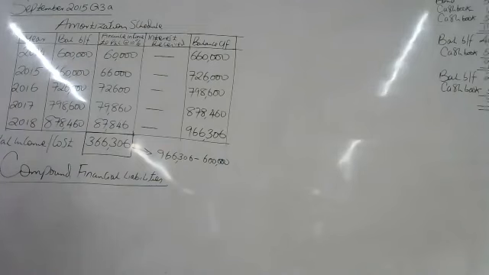Then you see, IAS 32 requires compound financial instruments to be split, to be separated, into equity and liability components.